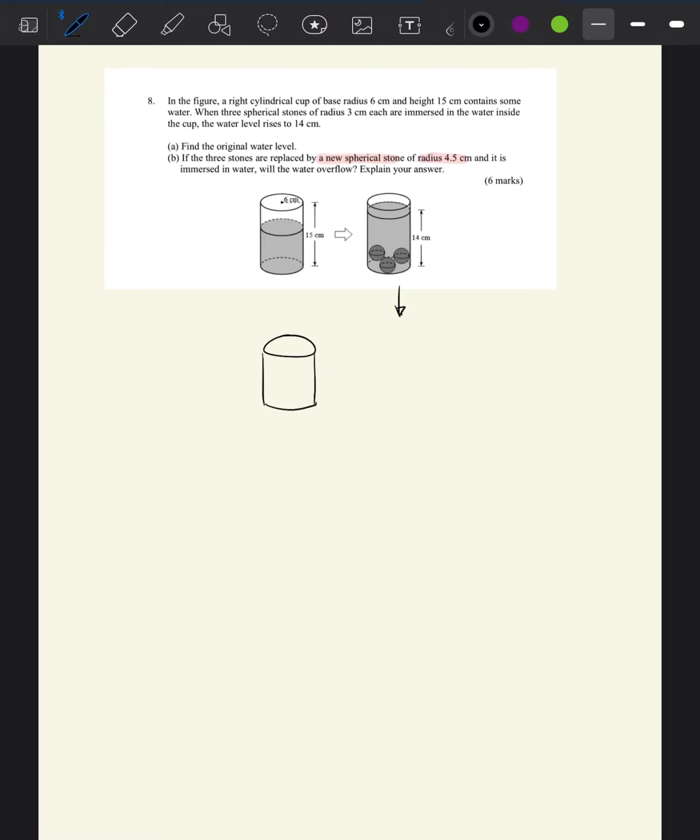So this is the original water, and now, instead of 3 spherical stones, it changed to one stone only. So this stone, the radius is 4.5, only 1 stone, so that's the difference.